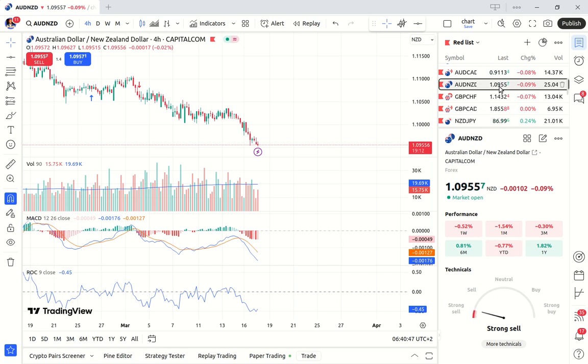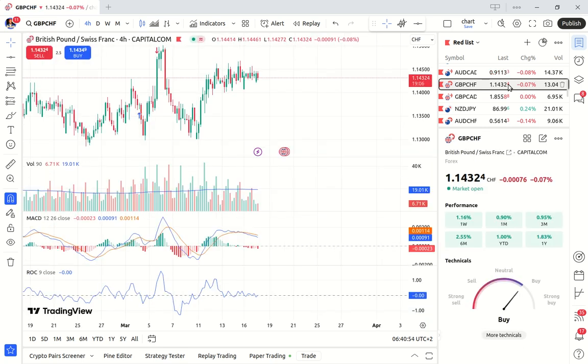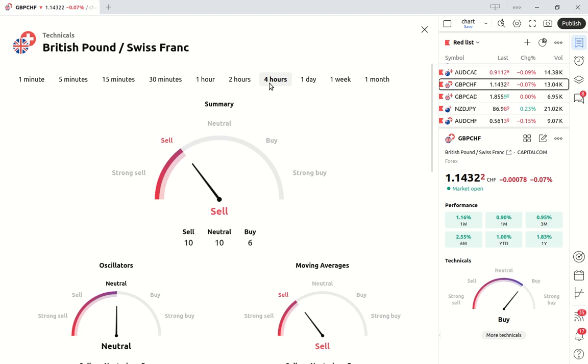Okay, we have sell, but no sign of a bounce. Alright, we have buy, but I think we do have a sign of a pullback, so let's just confirm as far as 2 hours. Okay, we will not trade this one.